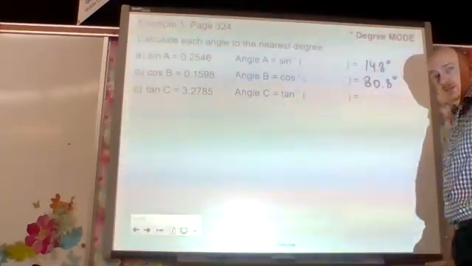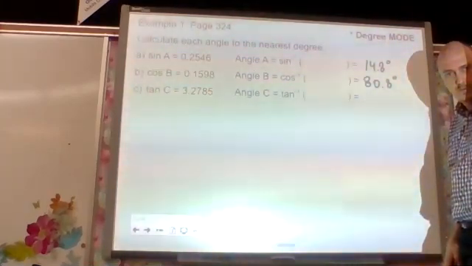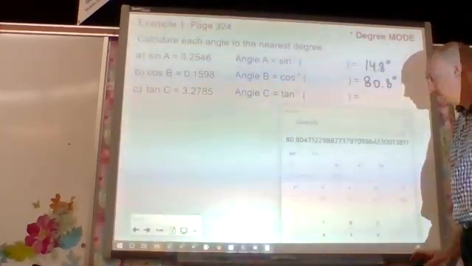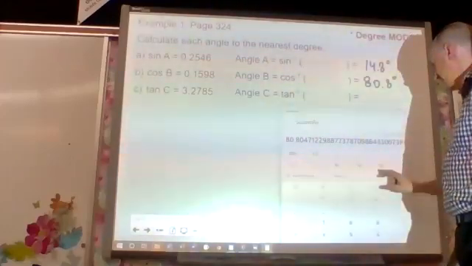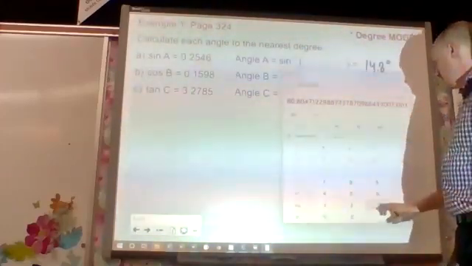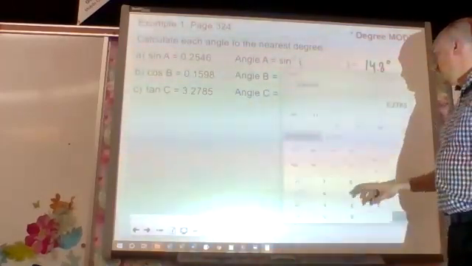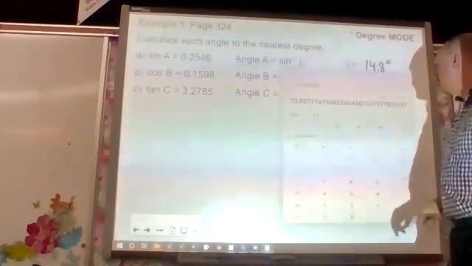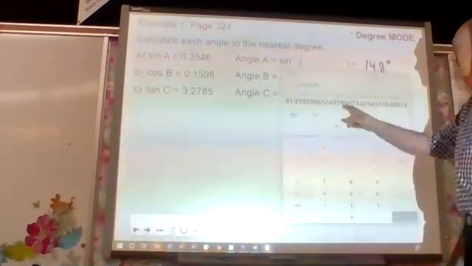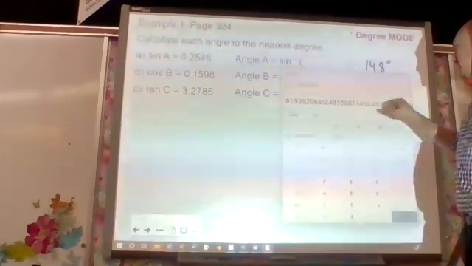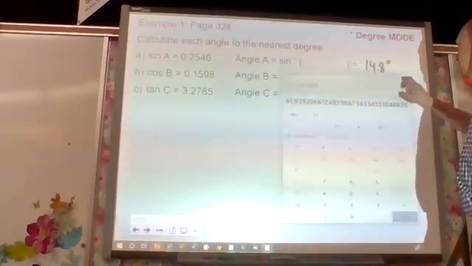And finally, the inverse tangent of 3.2785. Oh, I did it again. I don't want to hit equals because then it multiplies it by that other number.